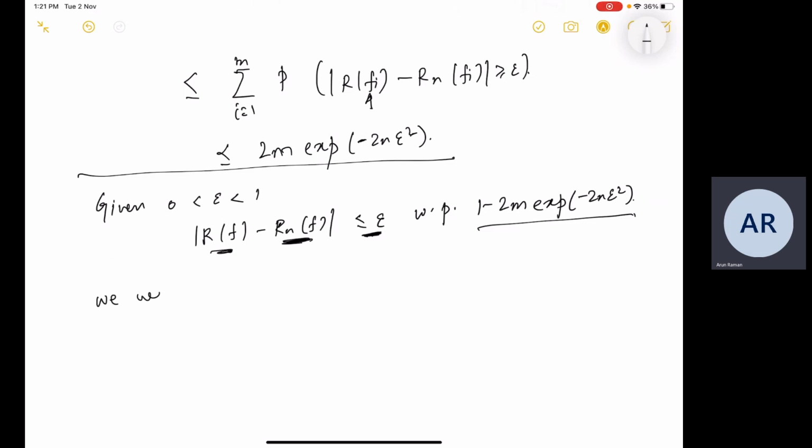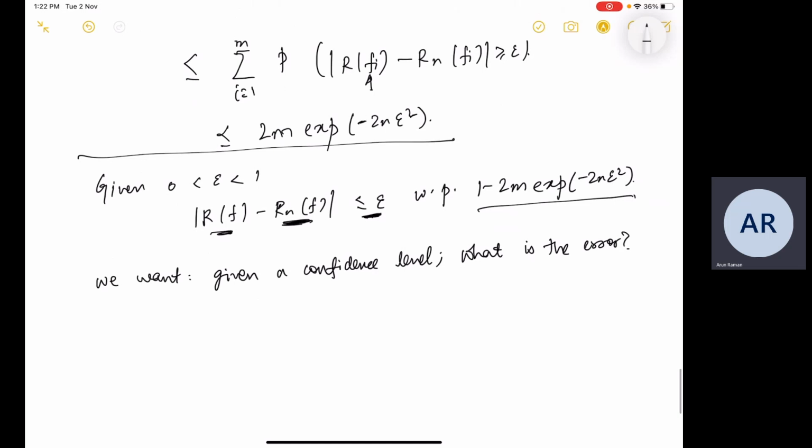So what we want is, given a confidence level, what is the error? I want to be 95% sure, what is the value of error? What is the value of error corresponding to a given confidence interval?